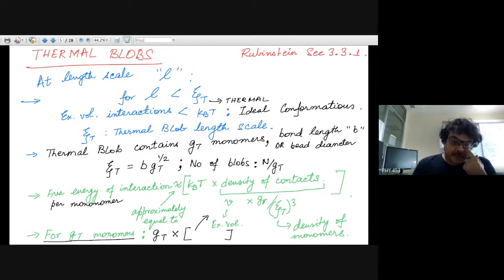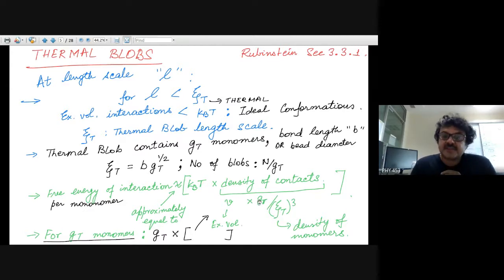So the mean energy of interaction is the excluded volume parameter v, which is basically the effective interaction volume of a single monomer, into kBT into the density of contacts.